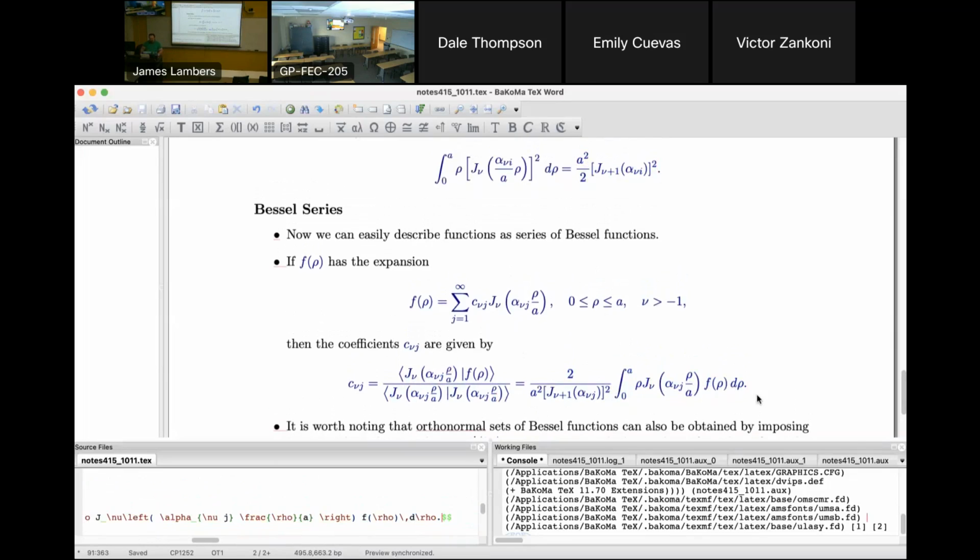These integrals are probably nasty, but that's what software is for. So we realize our goal, how to expand a function. So if you're solving, for example, let's see.